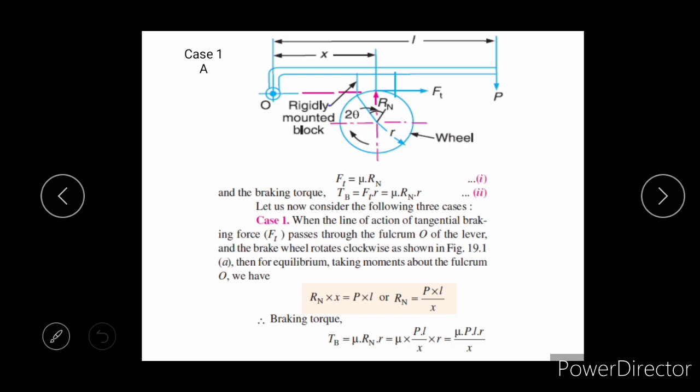So there are forces P, Ft and Rn. Three forces are there for which we have to take the moment. So taking moment about point O, let us assume that clockwise moment will be positive and anti-clockwise moment will be negative.